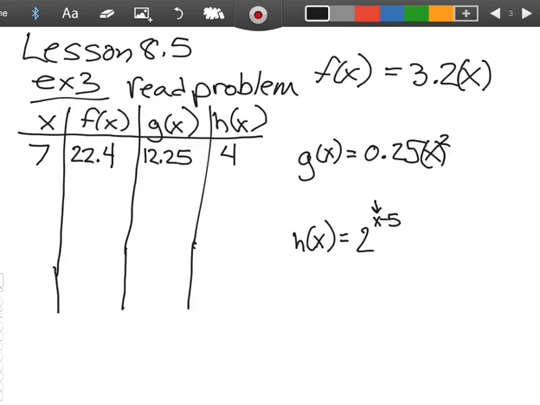So let's think of another number we would like to try. I don't feel like we need to try 8 because 4 is still so low in comparison to 22. So what if we try 9? So pause me and plug 9 into the parentheses of these 3 functions.